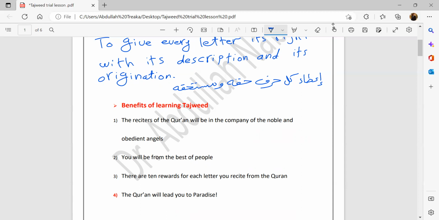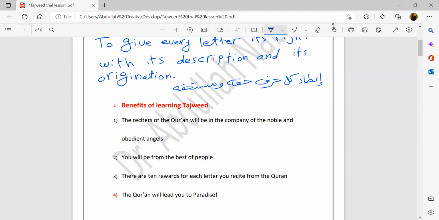As Aisha, may Allah be pleased with her, relates that the Prophet, peace be upon him, said that the one who recites the Quran beautifully, smoothly, and precisely will be in the company of the noble and obedient angels. يعني الذي يقرأ القرآن بالتجويد سيكون مع السفرة الكرام البررة.